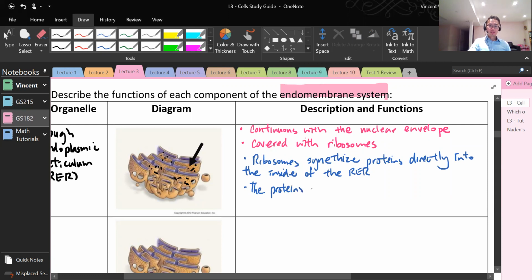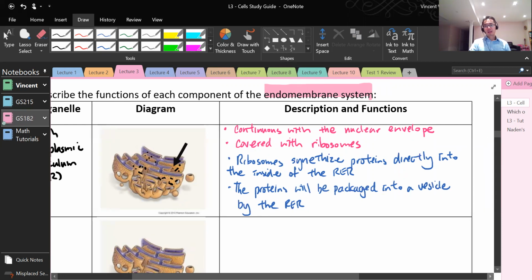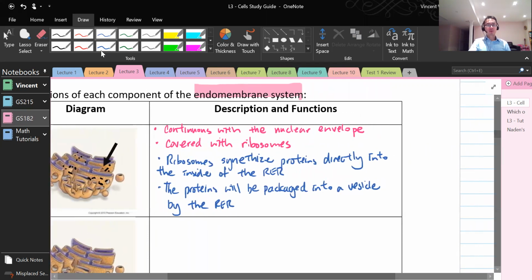The proteins will be packaged into a vesicle by the rough ER. All this is in the PowerPoint, of course, which is writing it down and summarizing it.